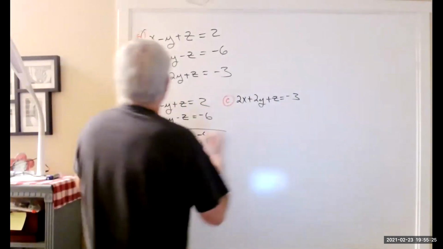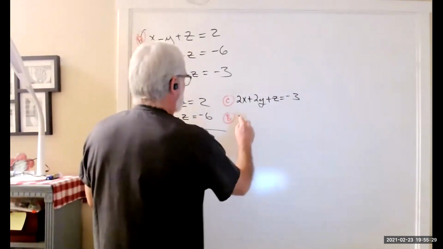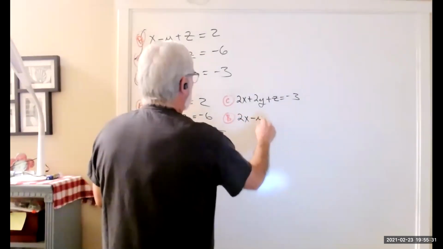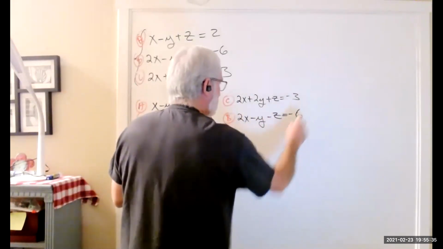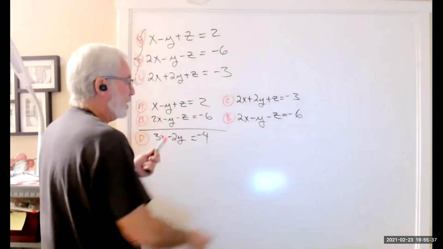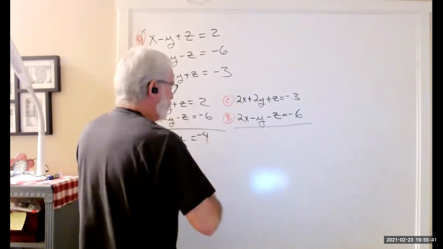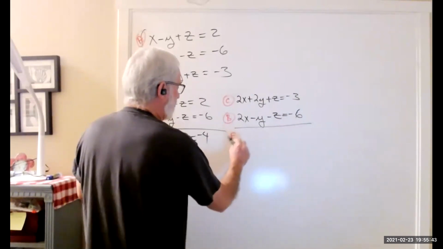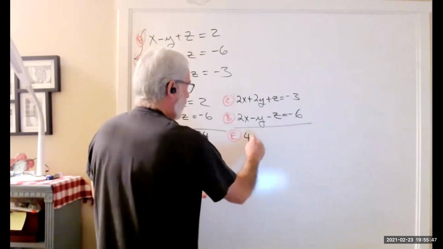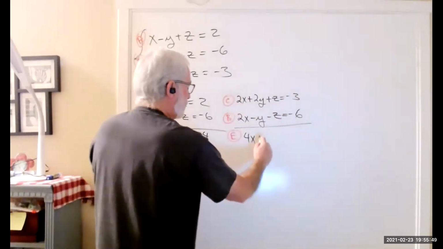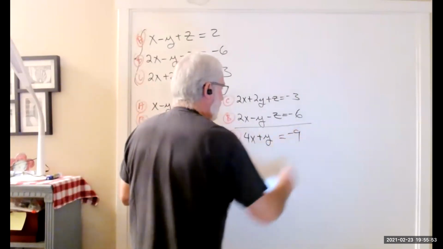And equation B, which is 2x minus y minus z equals -6. Okay, if I add these together, I get a new equation called E, which is 4x plus y equals -9.